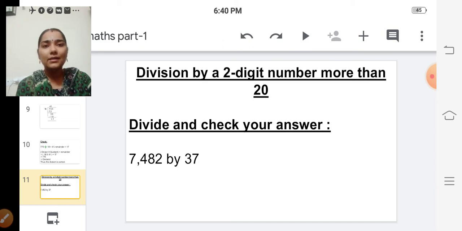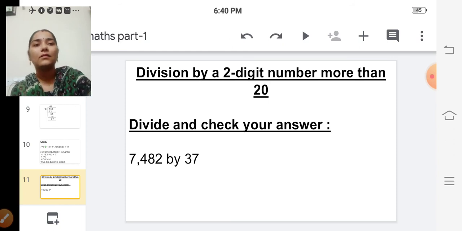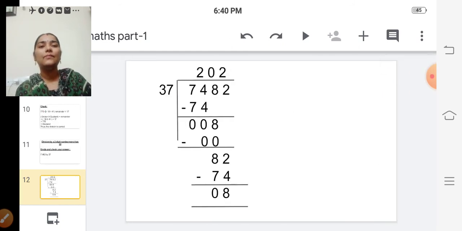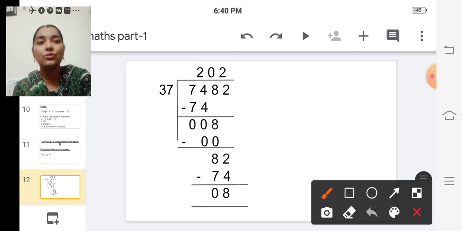7,482 by 37. So we are going to divide 7,482 by 37. So first let's consider the first 2 digits.